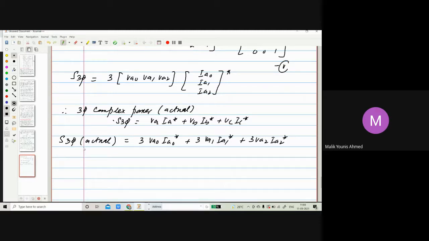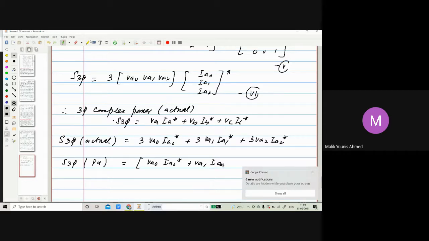So in per unit value, we can write it like this. We are just multiplying here. You can see the above equation, this actual equation number 6. So S three-phase in per unit will be equal to VA naught IA naught conjugate plus VA1 IA1 conjugate plus VA2 IA2 conjugate.